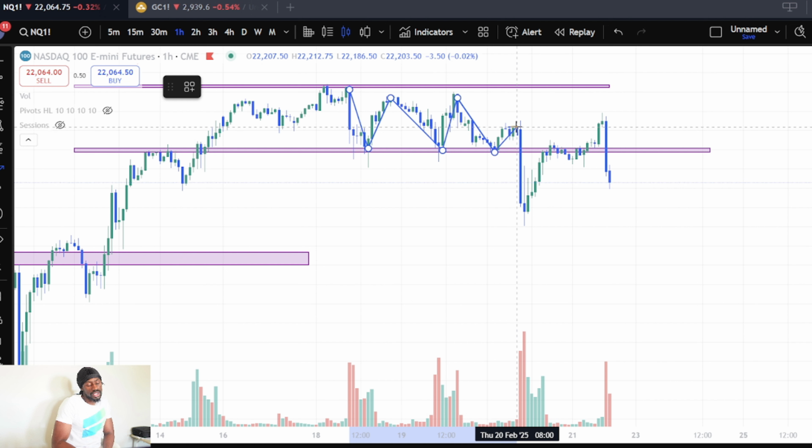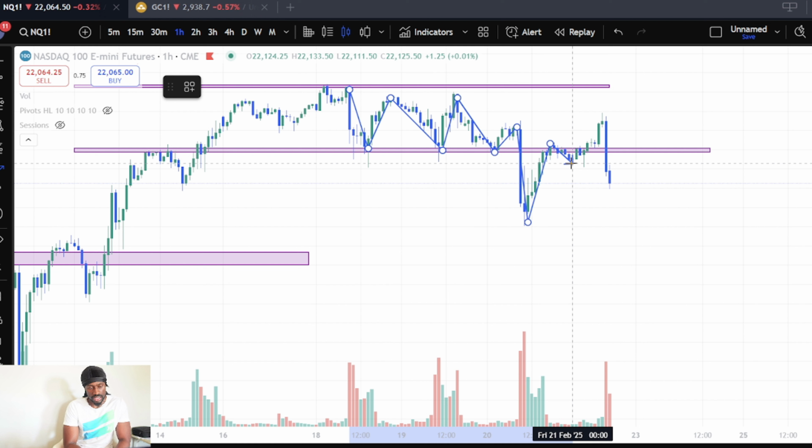But you see right here, I'm a little bit under the weather, but we have a lower high. Then after the lower high, we have a lower low, followed by a higher low, right? But it's really not telling me anything because of the time it happened.